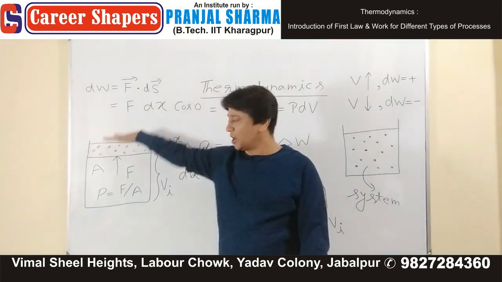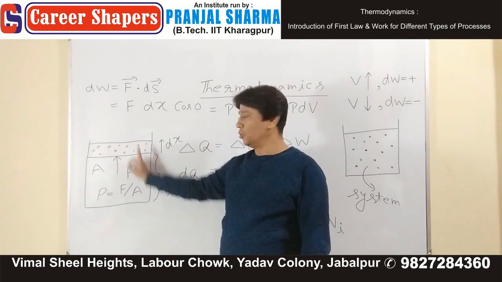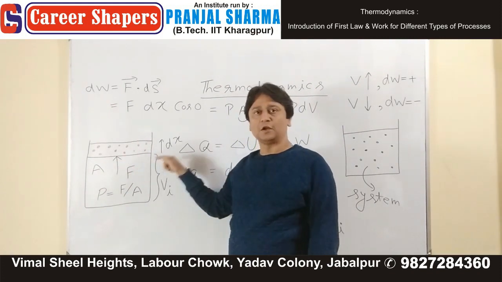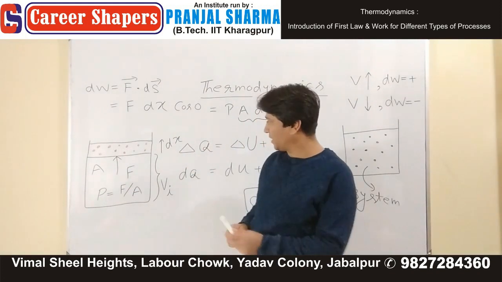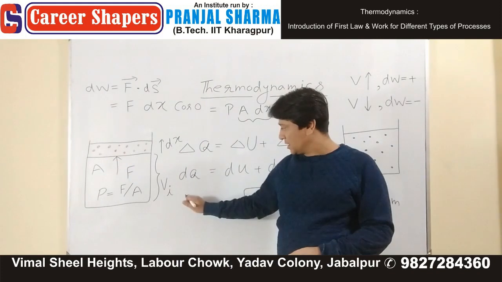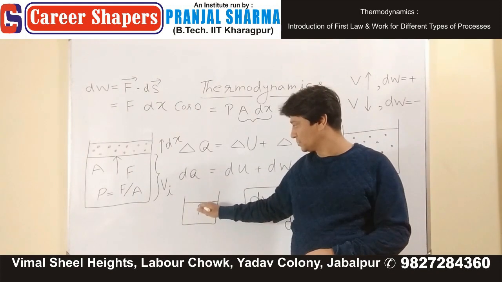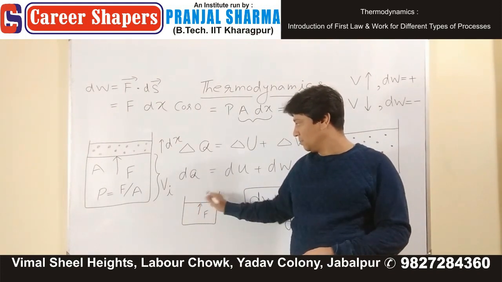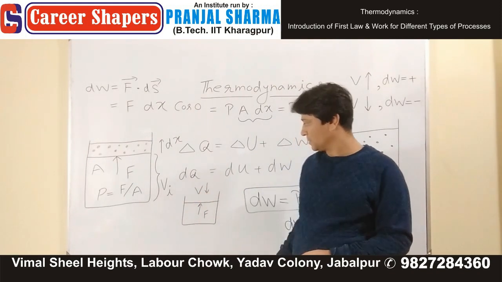If the volume is decreasing, even then where will this force act? Upward. Why? Because it's a normal reaction force. But if volume decreases, if somebody says that the piston is here, this is the force, but we have to decrease volume.